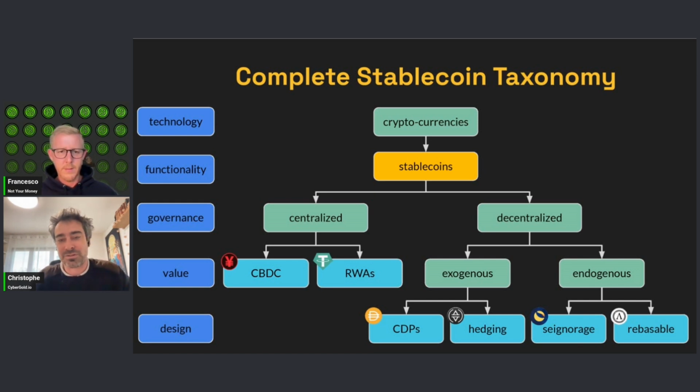As you can see, the other models, seigniorage and rebasable, did not work very well at all, and the hedging or delta neutral model is pretty new and promising. I can see the innovation coming from this category, and we will see how it goes. We will see the response of the market.